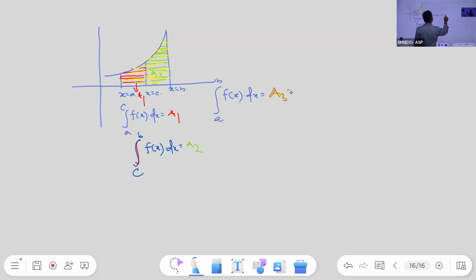A3 equals A1 plus A2. This is equal to the integral from A to C of f of x dx plus the integral from C to B of f of x dx. Okay, this is one of the cases. Let us take another case.